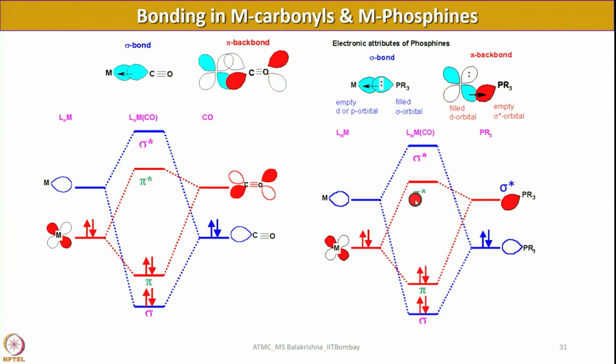Why I am elaborating on this is that some students were asking, although electrons are going to sigma star, why do we call it pi bonding? The symmetry of that one is pi bonding, as a result we call it that, and also the electrons are not going directly to the sigma star here; one should remember that. This is true even in the case of carbon monoxide or N-heterocyclic carbenes.